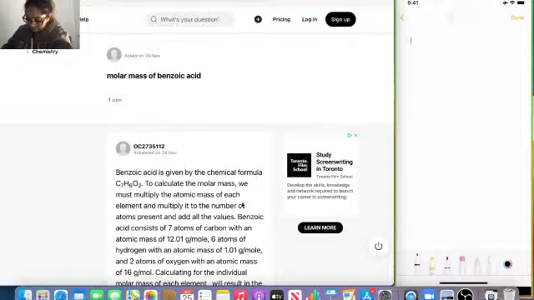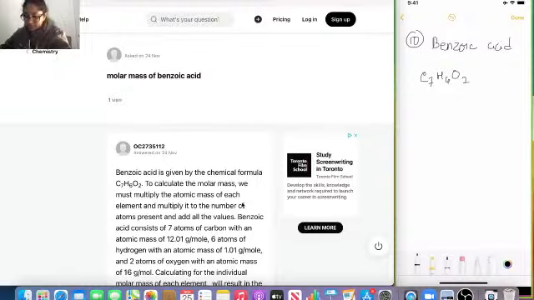Next question says molar mass of benzoic acid. Okay, so benzoic acid. By the name, you can probably guess it's an acid, and so the chemical formula of this is C7H6O2.